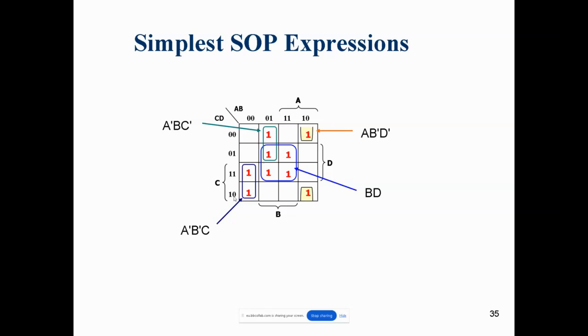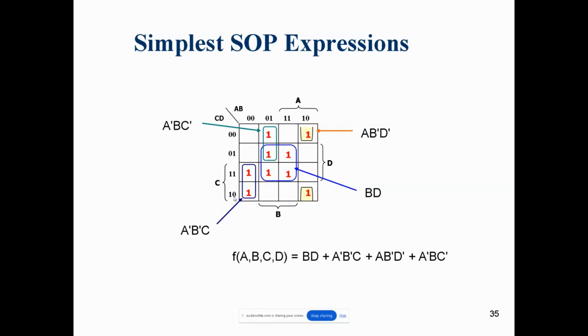This is how it works in the Karnaugh map. So now this is the final expression. The final expression consists of 4 product terms. The first product term consists of 2 literals, which is derived from a square of 4.